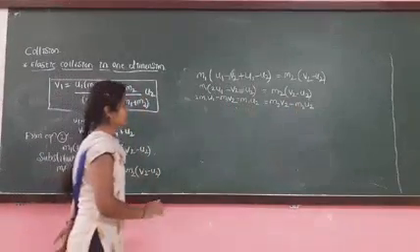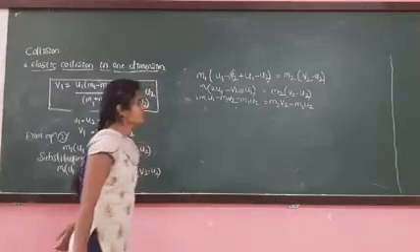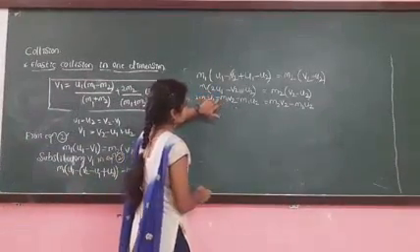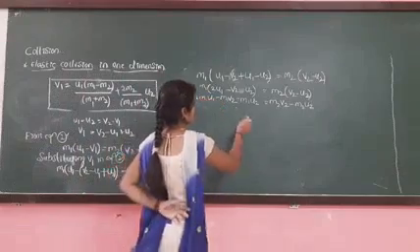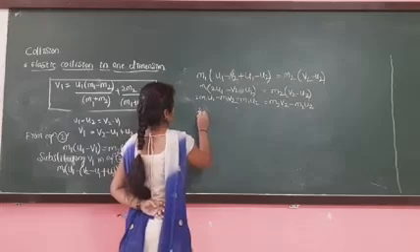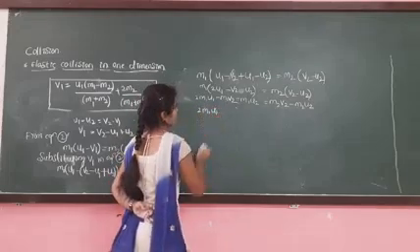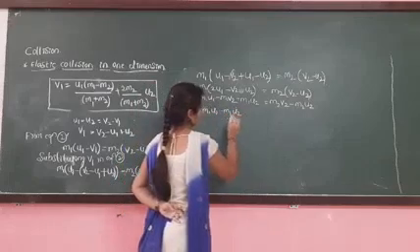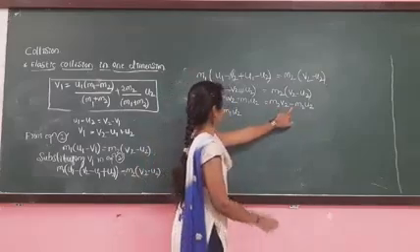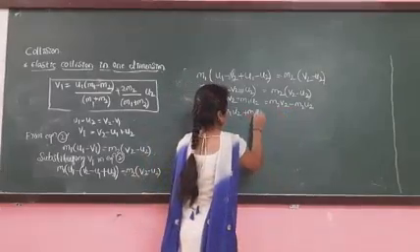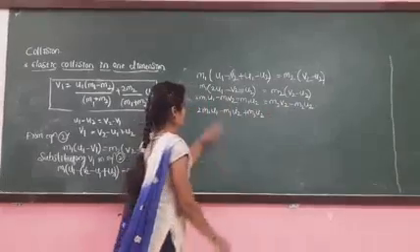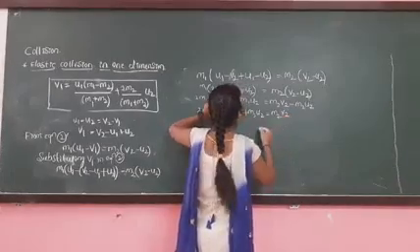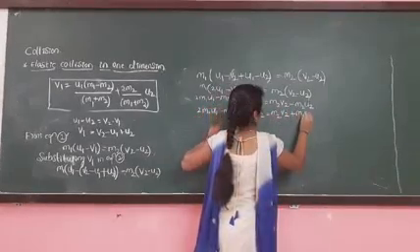Rearranging the equation: 2 m1 u1 minus m1 u2 plus m2 u2 equals m2 v2 plus m1 v2.